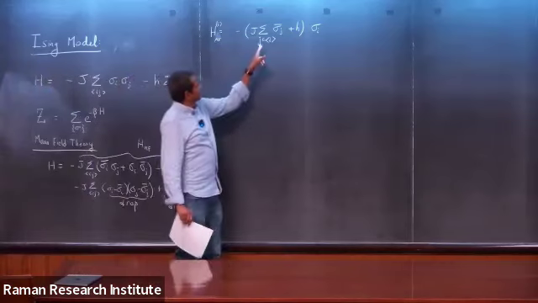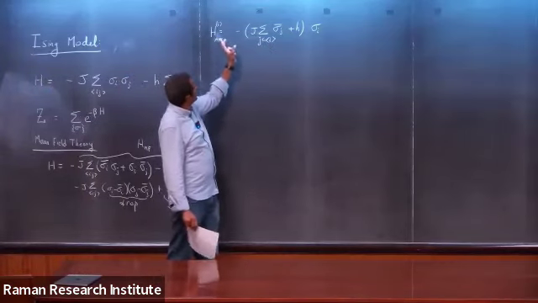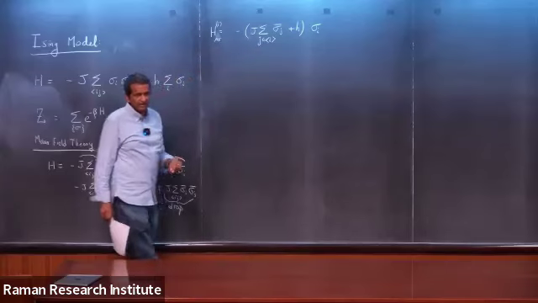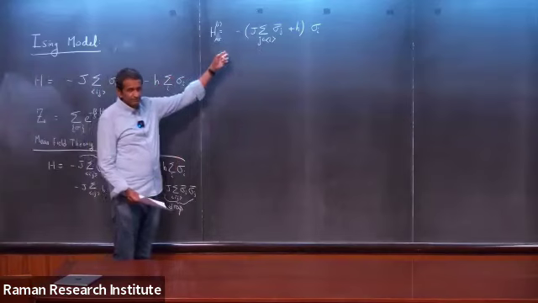And so this J here sums over all the neighbors of i. And so what you see is that the mean field Hamiltonian looks like just a single spin in a magnetic field at each site.